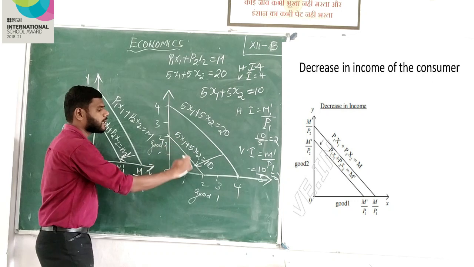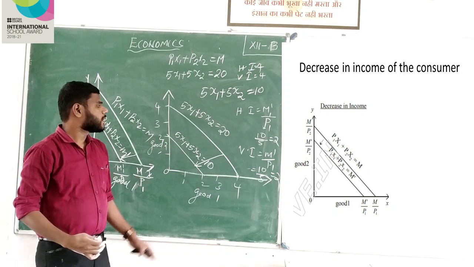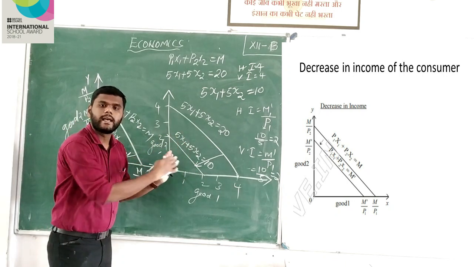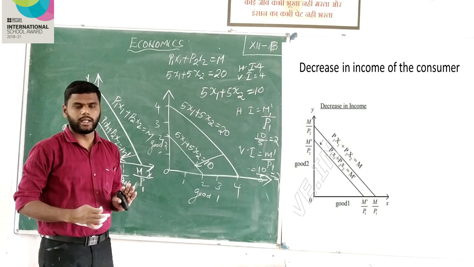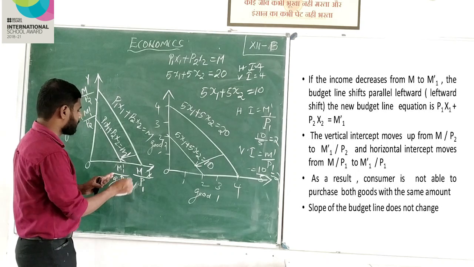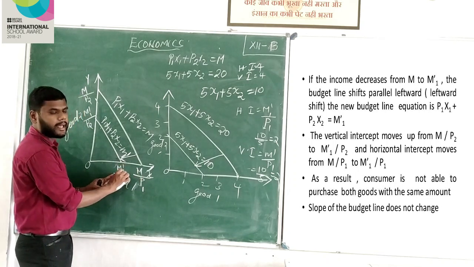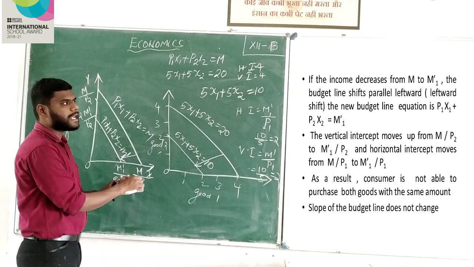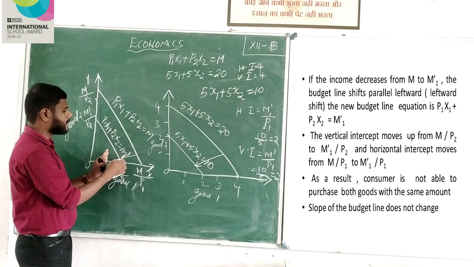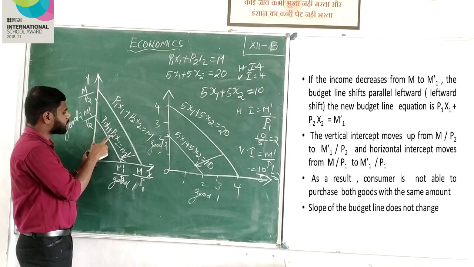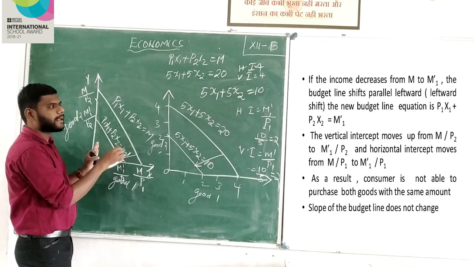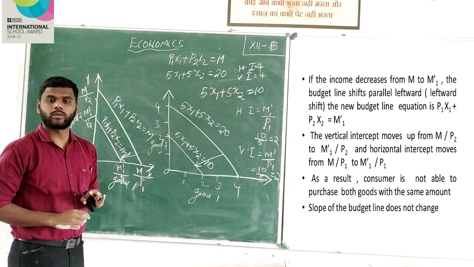At that time the consumer is not able to purchase the commodity that he already purchased. That is, the consumption is reduced. Explanation of this: if the income decreases from M to M dash 1, the budget line shifts in parallel, that is a leftward shift, and the new budget line is P1 x1 plus P2 x2 is equal to M dash 1. At that time, what will happen to the vertical and horizontal intercepts?